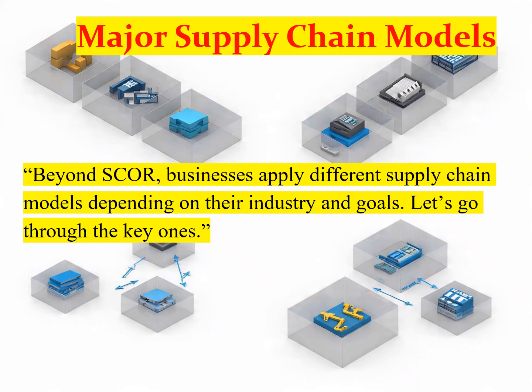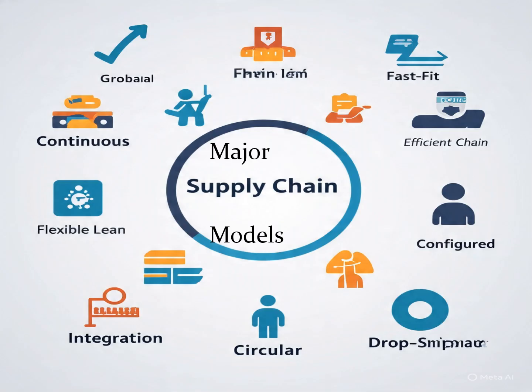Beyond SCOR, businesses apply different other supply chain models depending on their industry and goals. Let's go through some major supply chain models. These are the major supply chain models. 1. Continuous flow model. 2. Fast fit model. 3. Efficient chain model. 4. Agile supply chain model. 5.